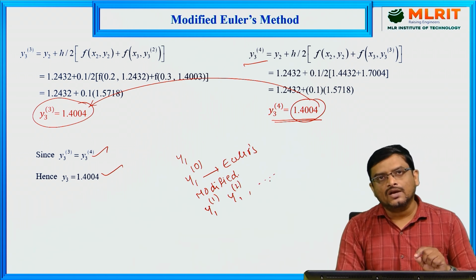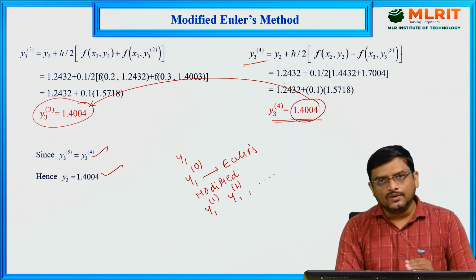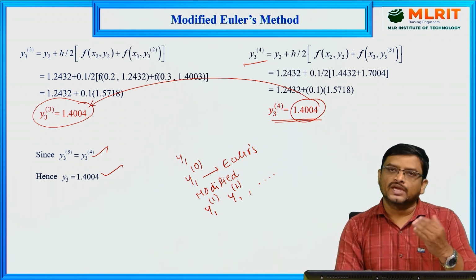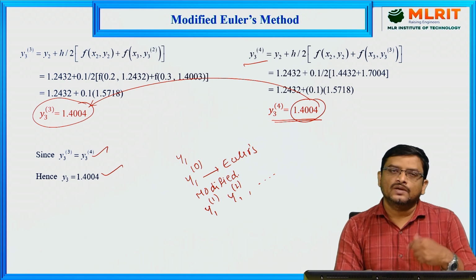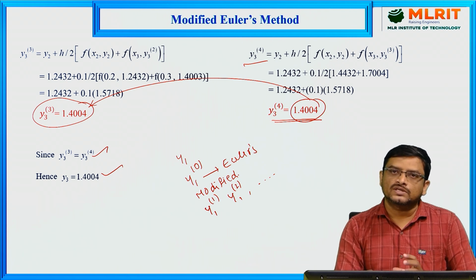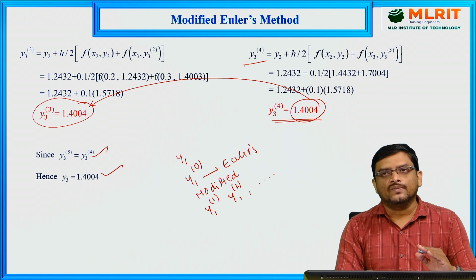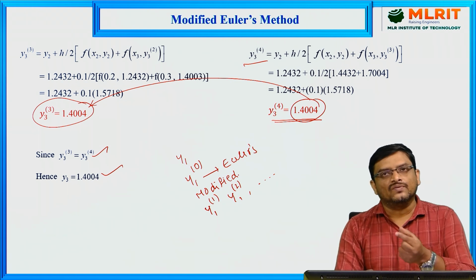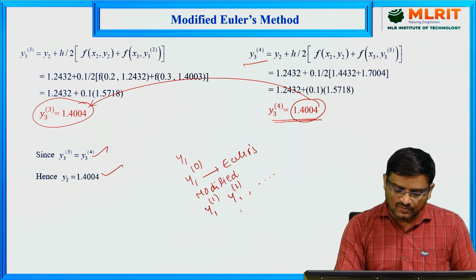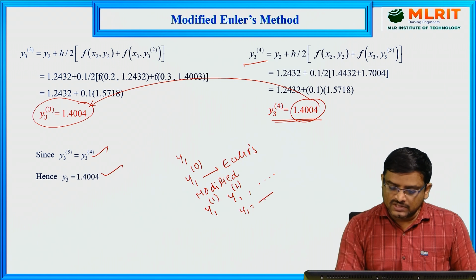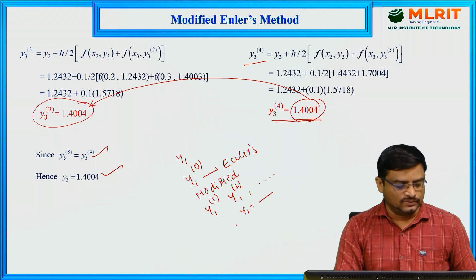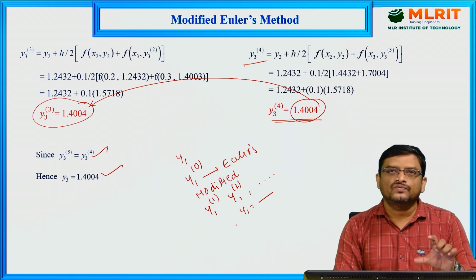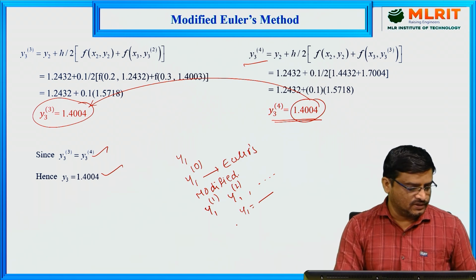At a certain approximation, the present approximation value is equal to its previous approximation value. Whenever the present and previous approximation values are equal, we can stop and consider that value as our final value of y1. The same process is repeated to find y2 and y3. This is the procedure of modified Euler's method.